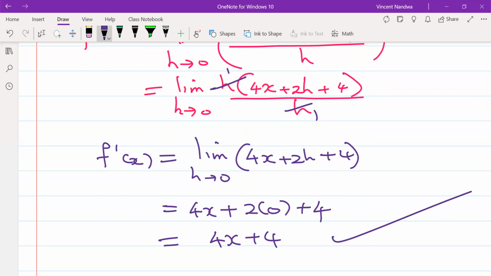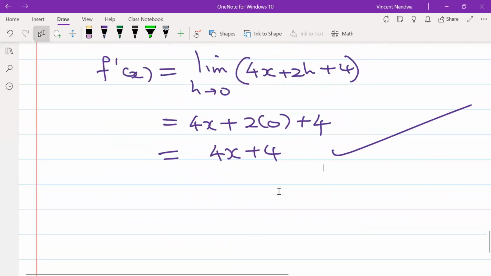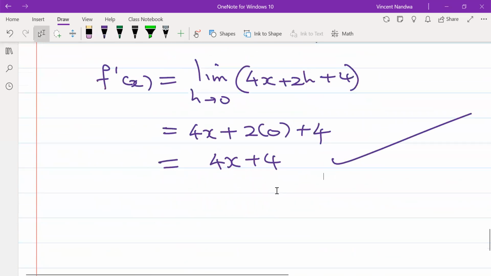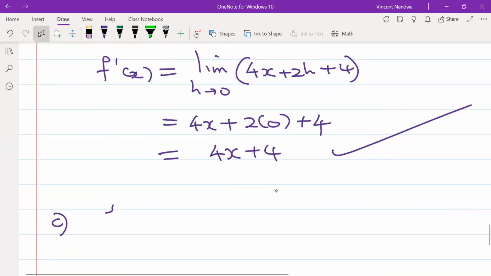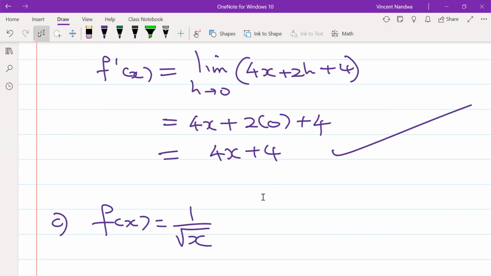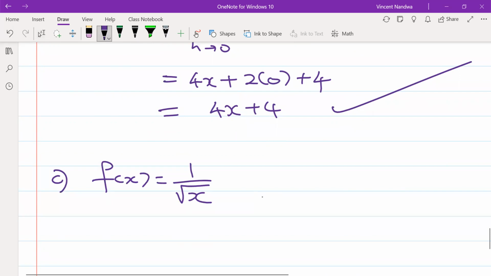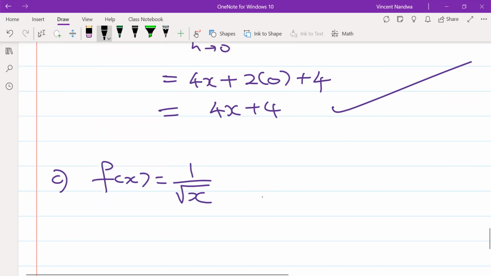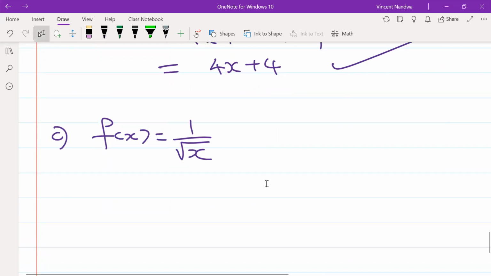And then, that was B or C? B. So C, f of x is given by 1 over square root of x. So the structure is the same.